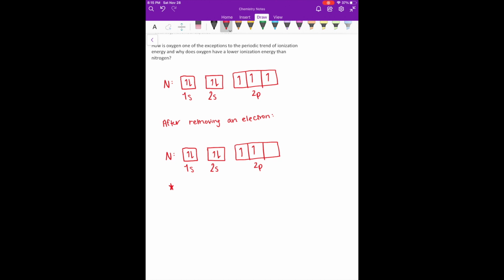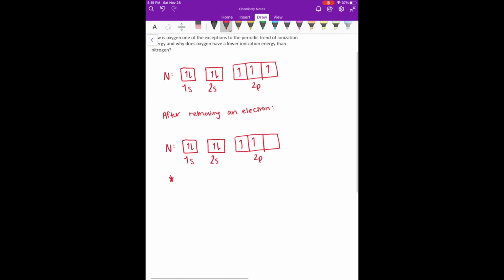After removing an electron, we notice that it has moved from its stable state of a half-filled shell to an unstable state.